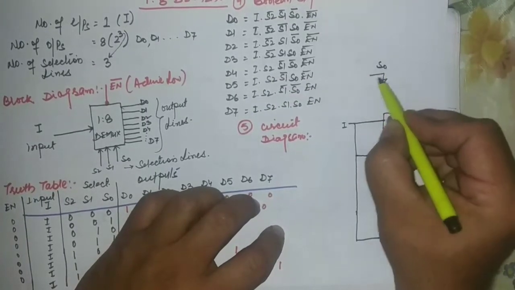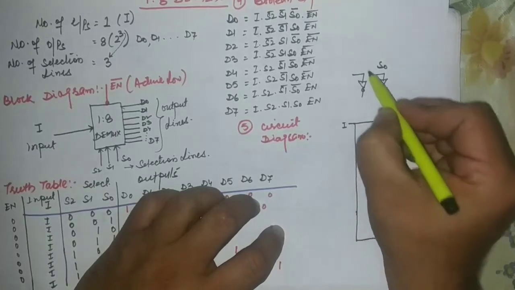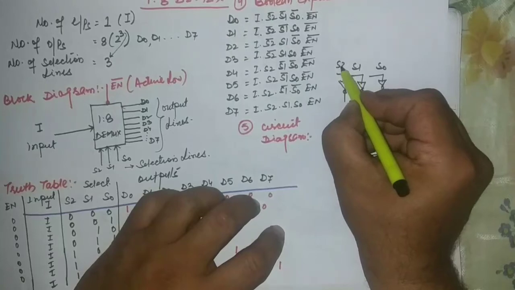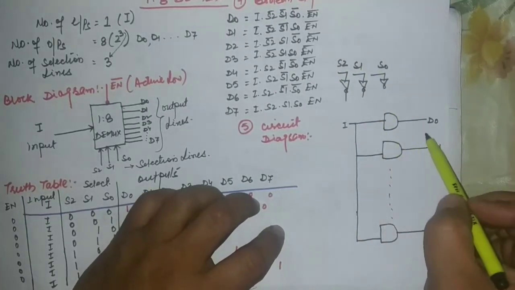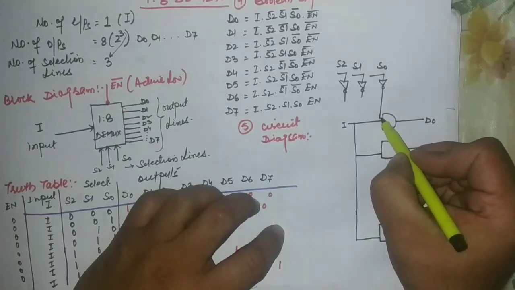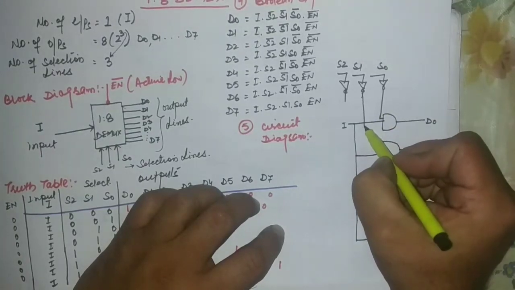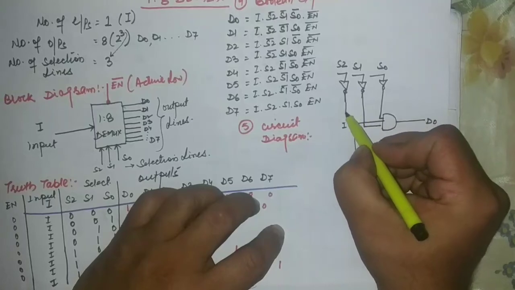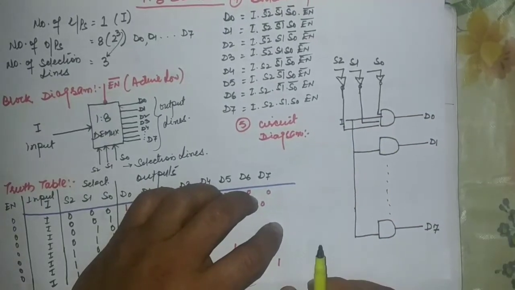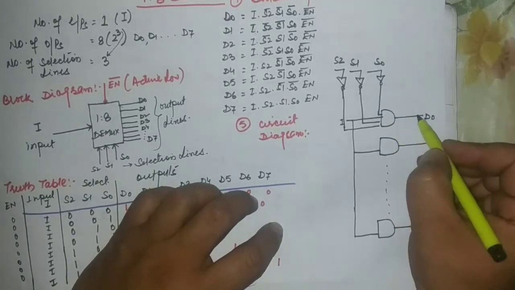This is, say for example, S node, S1, and say this is S2. For D node, all complements. So this complement, and this complement.